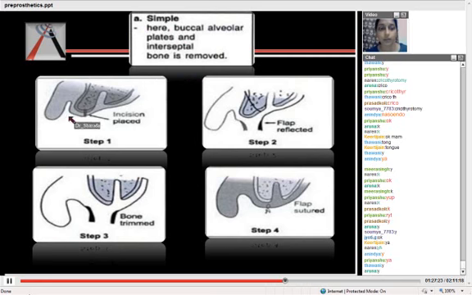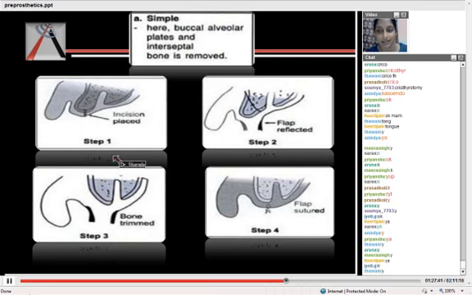Simple. What do you do in the simple type? You place an incision here. This is your alveolar bone, and this is the mucosa covering your alveolar bone. You place an incision at the crest and reflect the flap. Can you see this bone jutting out here? It's supposed to be smooth, looking like this.